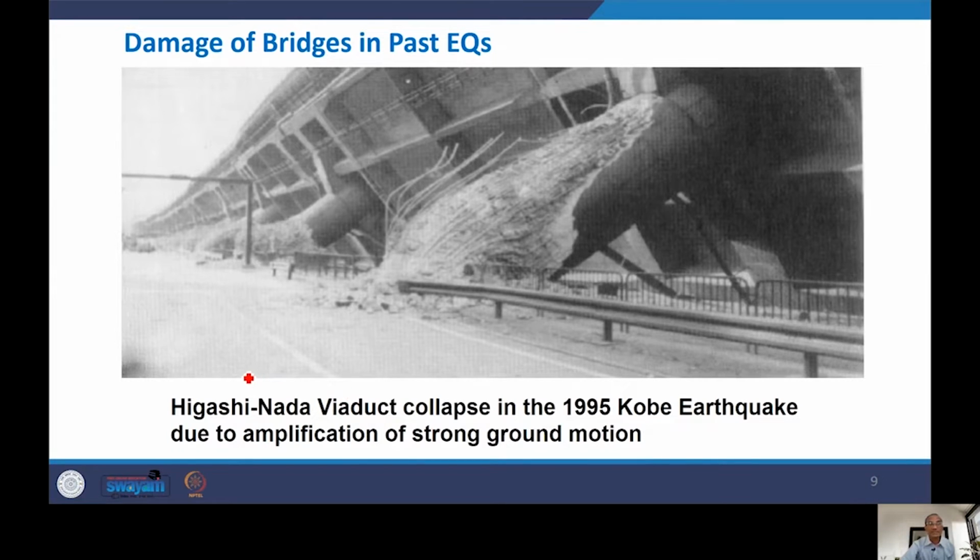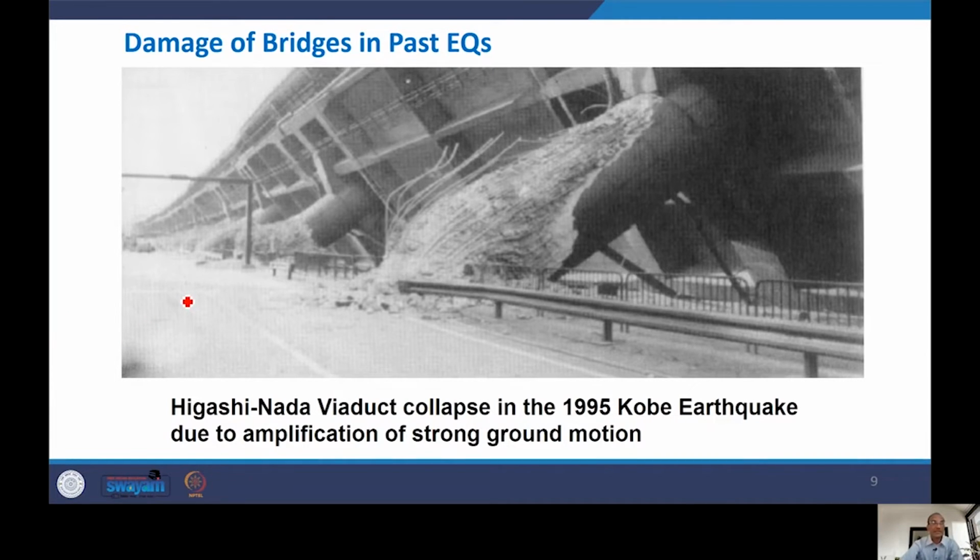This is also a failure due to soil amplification, ground amplification, which we are going to discuss in one of the lectures during this module. Once the piers fell down, naturally the bridge was going to collapse. It happened in the Kobe earthquake.